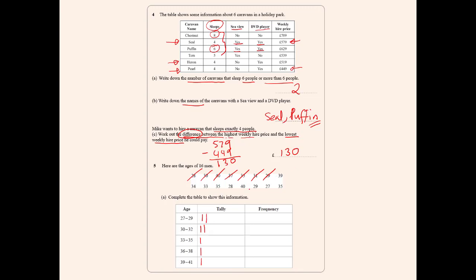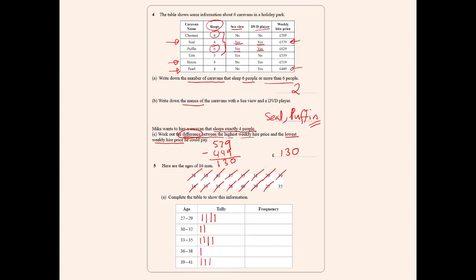Just be careful when you're putting these tallies on. Make sure it's between their age range. 39, 34, 33, 35, 28, 40, 29, 27.